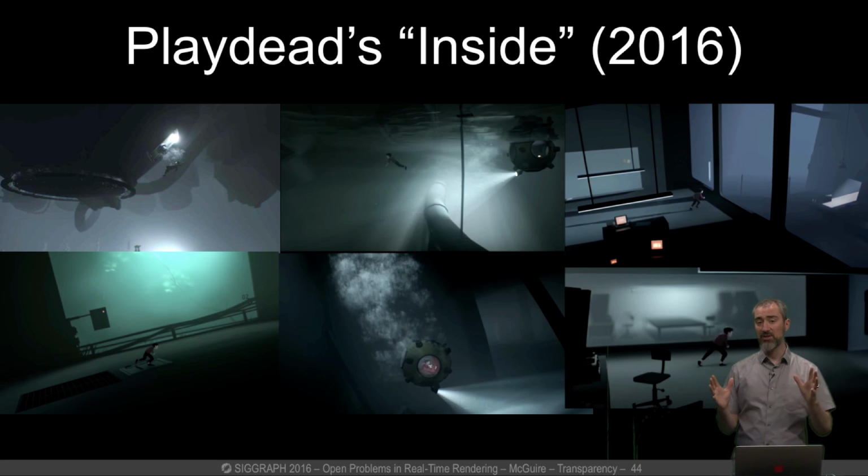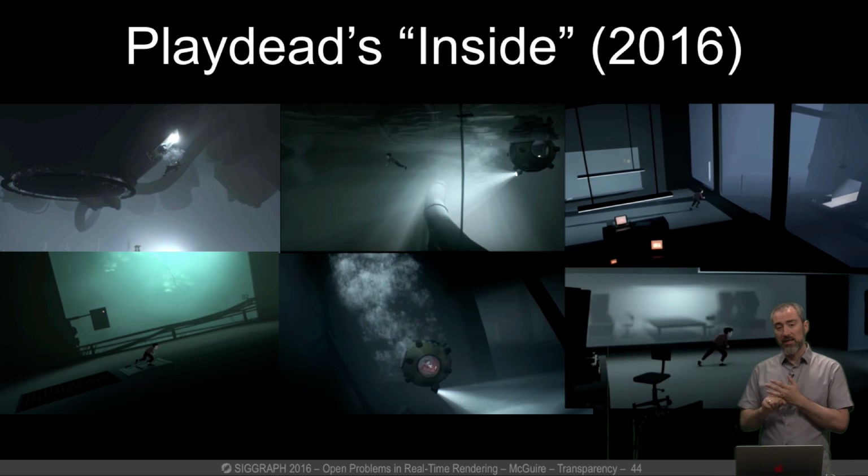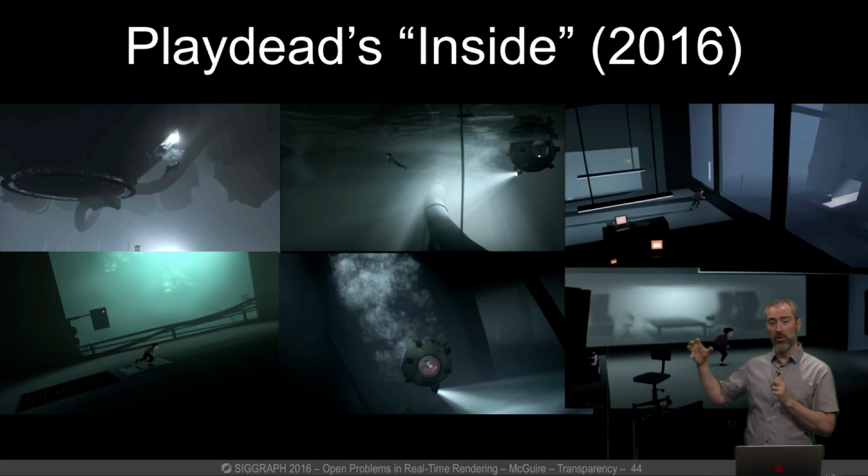Almost every scene has fog, smoke, water, glass that's diffusing. They have fire in the game, and it's constantly layered. So you'll be underwater, but there's participating media, and there's light shafts, and there's bubbles of air going up through the water, and it's all being lit gorgeously. And this is also one of the first games I've seen that has effectively no aliasing. So they've really solved partial coverage for their game.